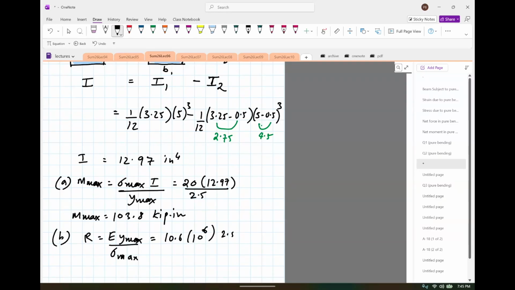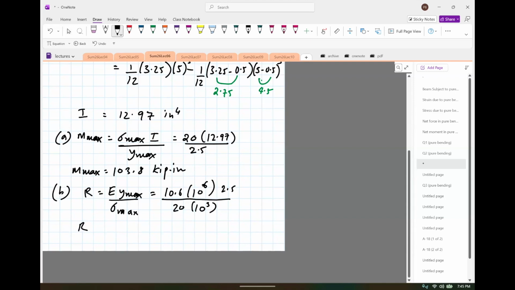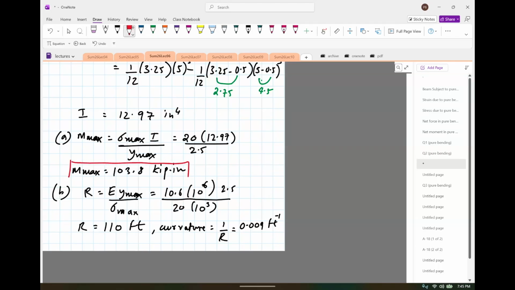Y max is 2.5. Sigma max is 20. And since it's KSI, I'm going to put 10 raised to 3. Okay, now what you will get is 110 feet. And curvature is 1 divided by R, do this calculation, 0.009. So this is one answer.